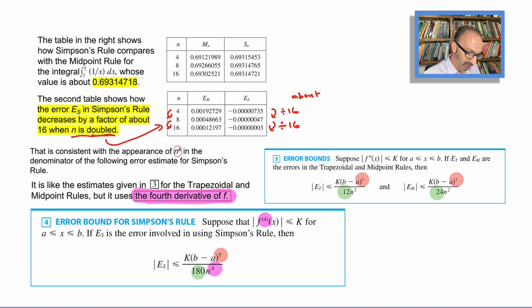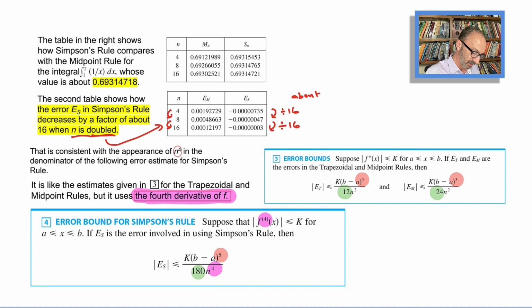Now, we know from the earlier formulas for the Trapezoid Rule and the Midpoint Rule, the errors on the right-hand side are pretty much similar. We use the second derivative to find k, and we have the third exponent, and one difference was 12 and 24.